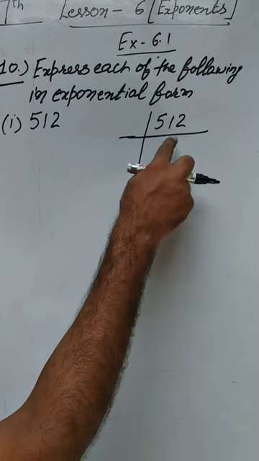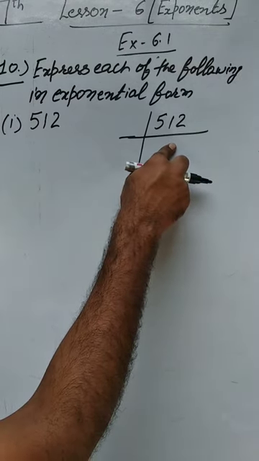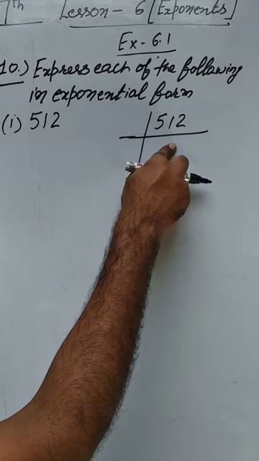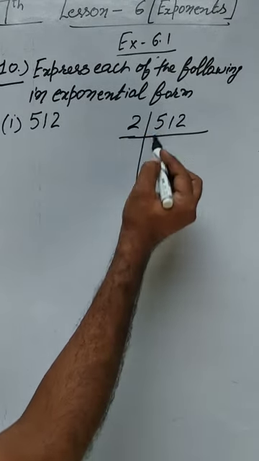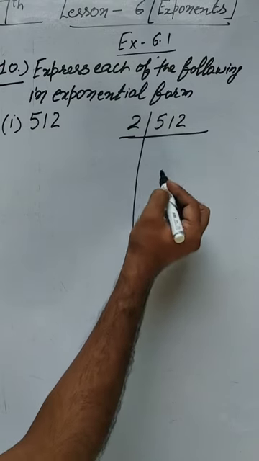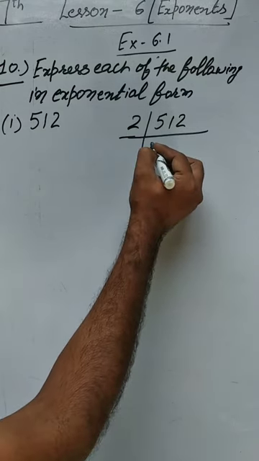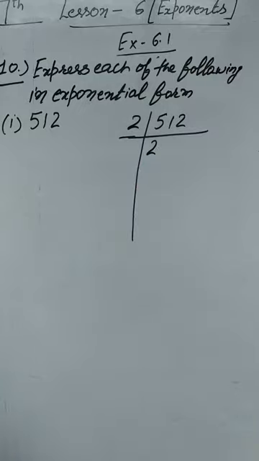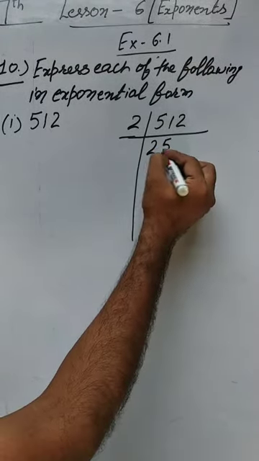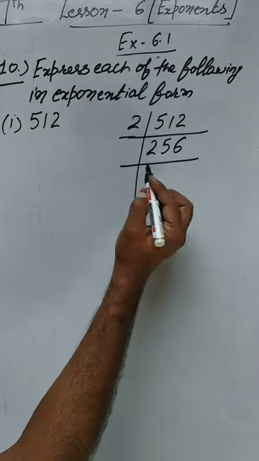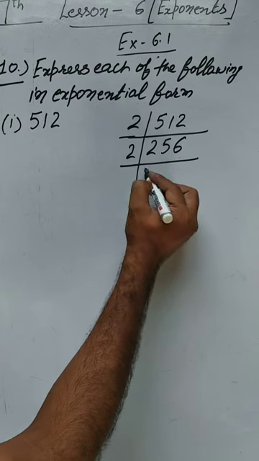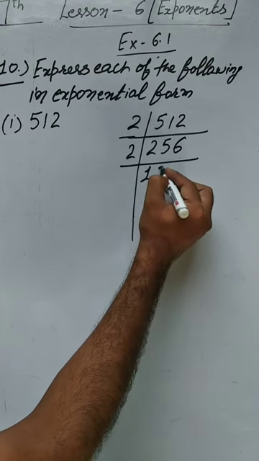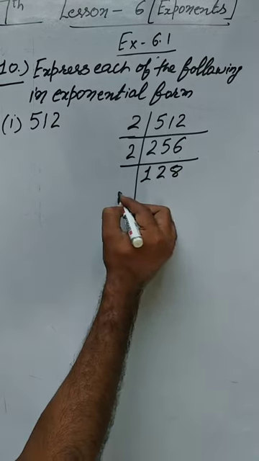Now beta 512, it is an even number. Even number you know always divided by 2. So when it is divided by 2, we will find the prime factorization here. 2 2s are 4. Okay beta. And 2 5s are 10. 2 6s are 12. It is again even number divided by 2. 2 1 is 2. 2 2s are 4. 2 8s are 16.